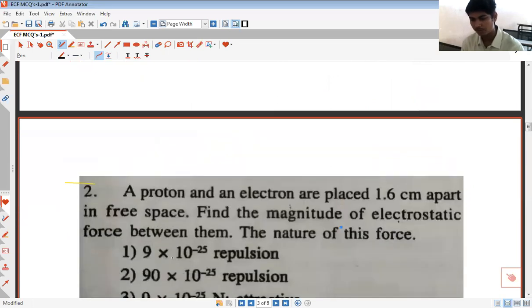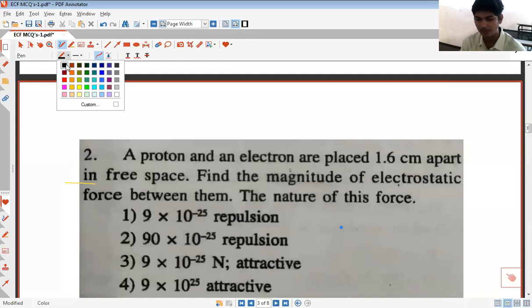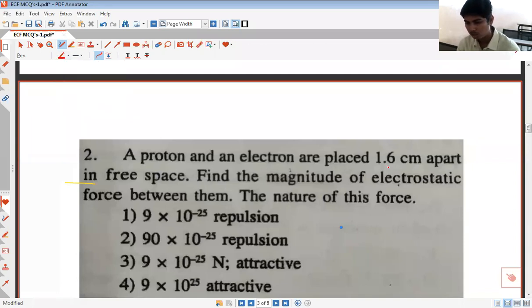Go through the second question. See, it is said that a proton and an electron are placed 1.6 centimeter apart. This is the distance that is given, right? A proton and an electron are placed 1.6 centimeter apart in free space.